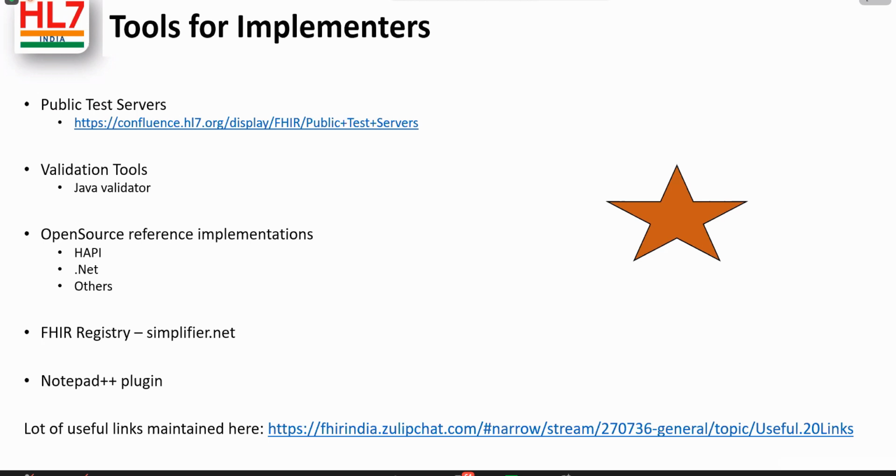Then there is a Notepad++ plugin. So if you are using Notepad++, you can actually install the Notepad++ plugin, and then from your Notepad++, you can actually create a resource, validate a resource, send the resource to a server, highlight the syntax, a lot of things you can do with the Notepad++ plugin.